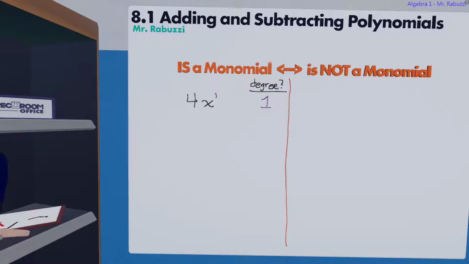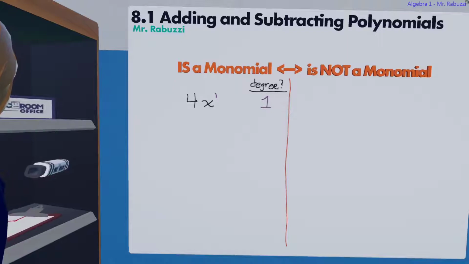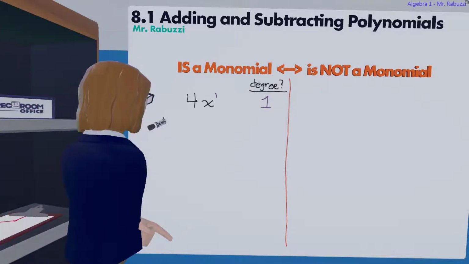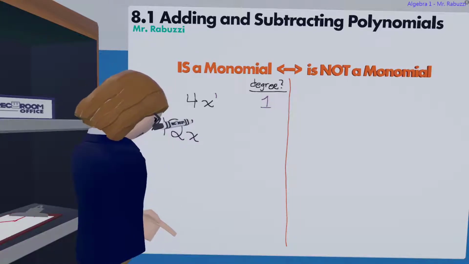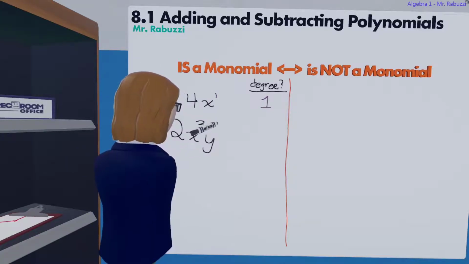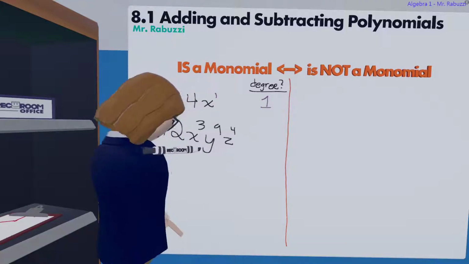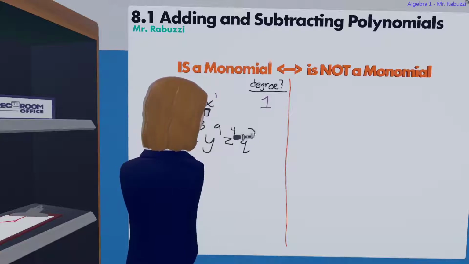Okay, what if we have something a little more complicated than that? What if we have, so this is still a monomial, 12x to the third, y to the ninth, z to the fourth, and q squared.